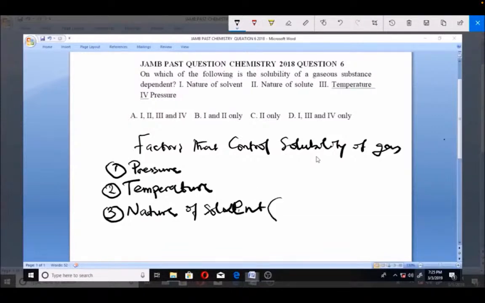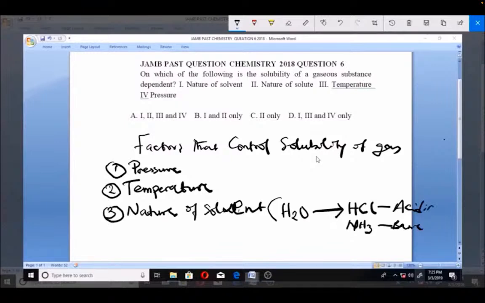So, you have a solvent like water that can dissolve HCl, and it can also dissolve ammonia. Ammonia will give us a basic solution when it dissolves in water. Hydrogen chloride will give us an acidic solution.